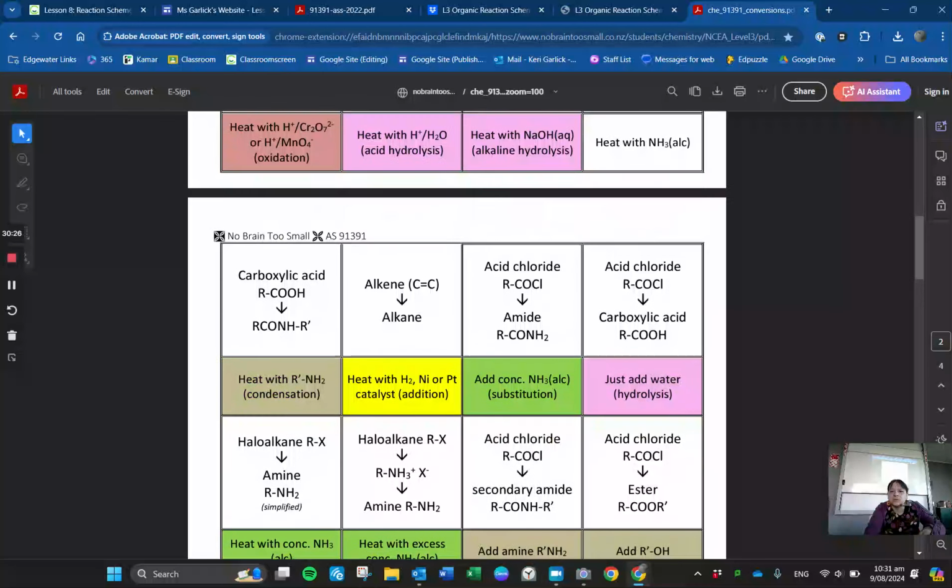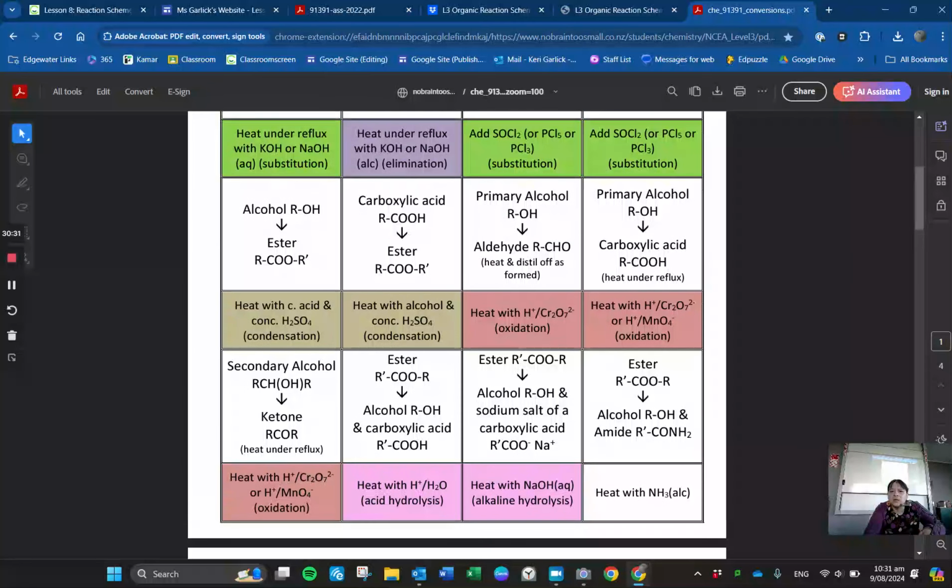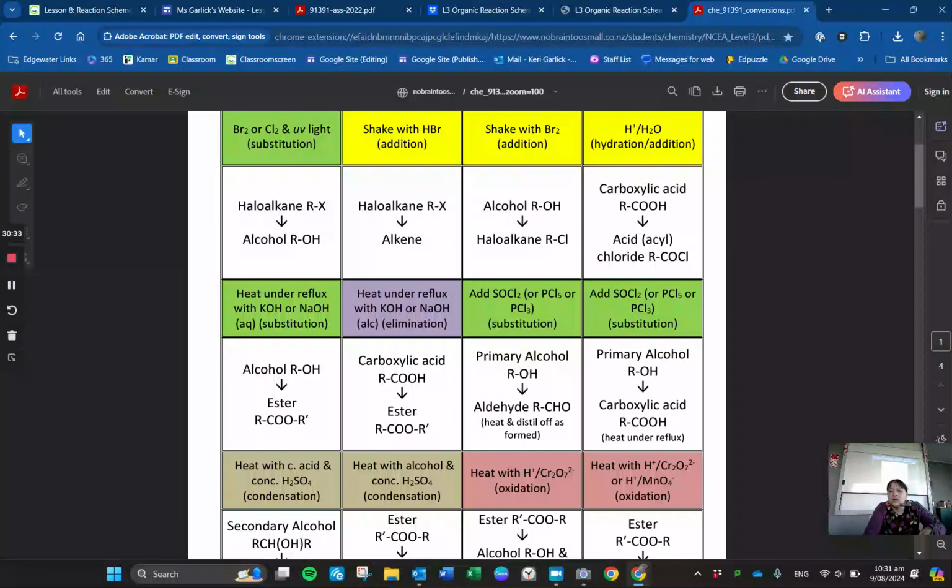It is a substitution reaction, I believe, when it's classified. Oh, there it is. Carboxylic acid to acid chloride. You need any of these reagents here. So SOCl2, PCl5, or PCl3. All those would work.